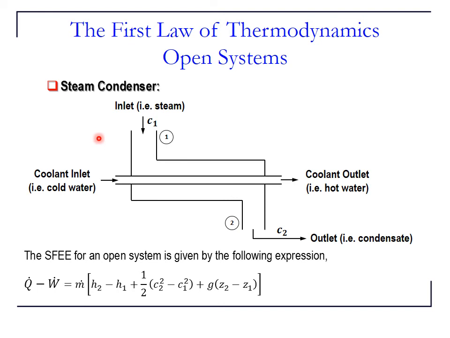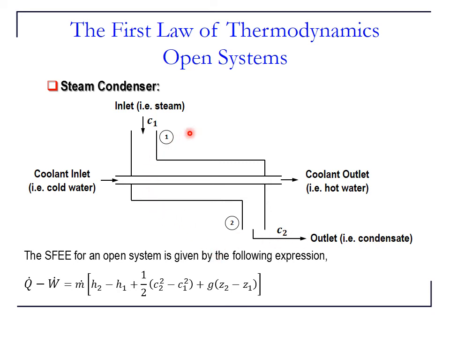This is the third device in the power plant system, which we call a steam condenser. A steam condenser is used to condense the steam coming out from the turbine, so at the outlet we get condensed water.